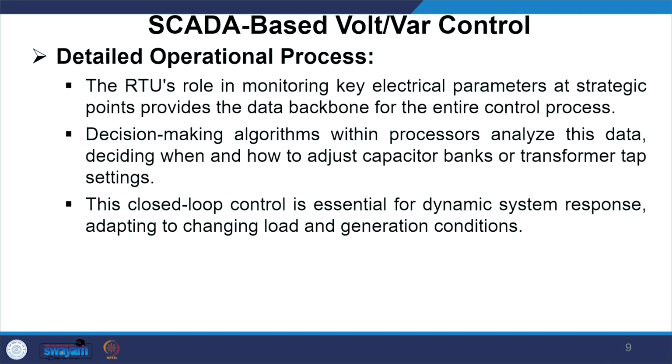Decision-making algorithms within processors analyze this data, deciding when and how to adjust capacitor banks or transformer tap settings. This closed-loop control is essential for dynamic system response, adapting to changing load and generation conditions.